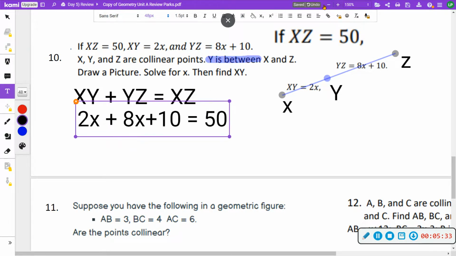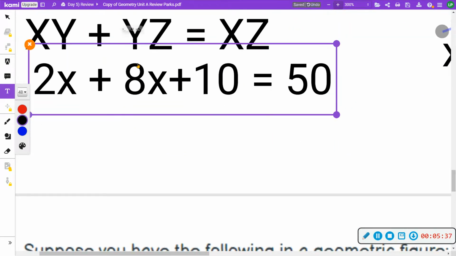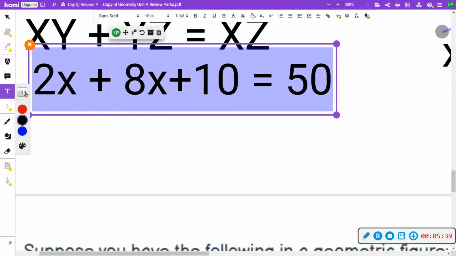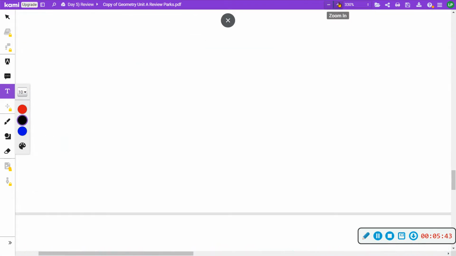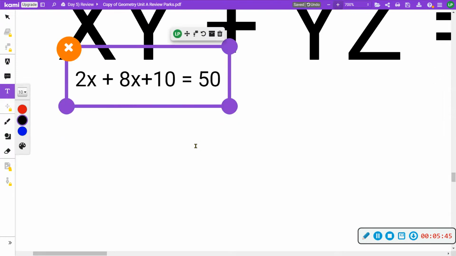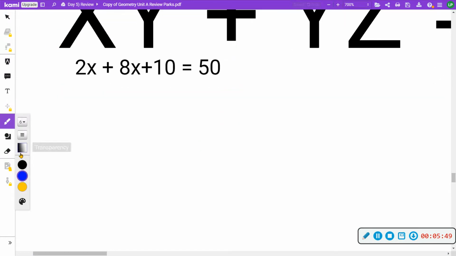So I'm going to solve this. I'm going to borrow some space. I'm going to make this actually smaller. I need more room to work with. I got tons of space. Look at that. And I'm going to solve this. First thing I would do is take 2x and 8x, add those together because they're like terms.